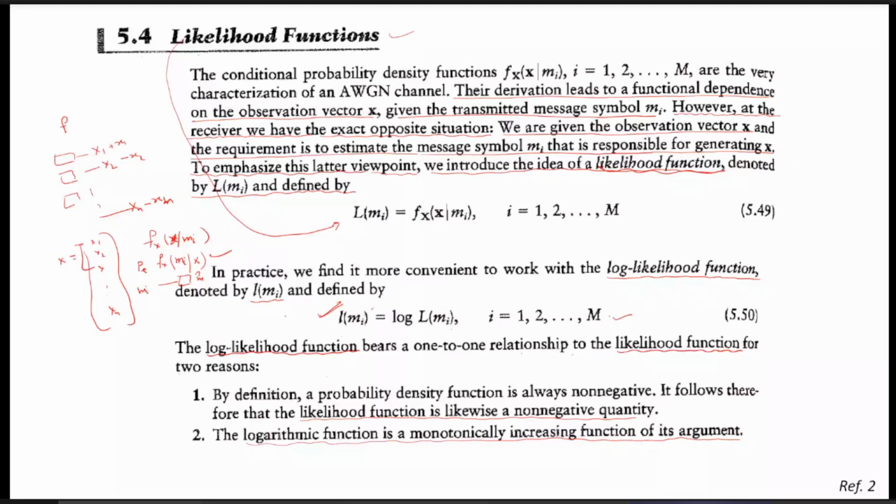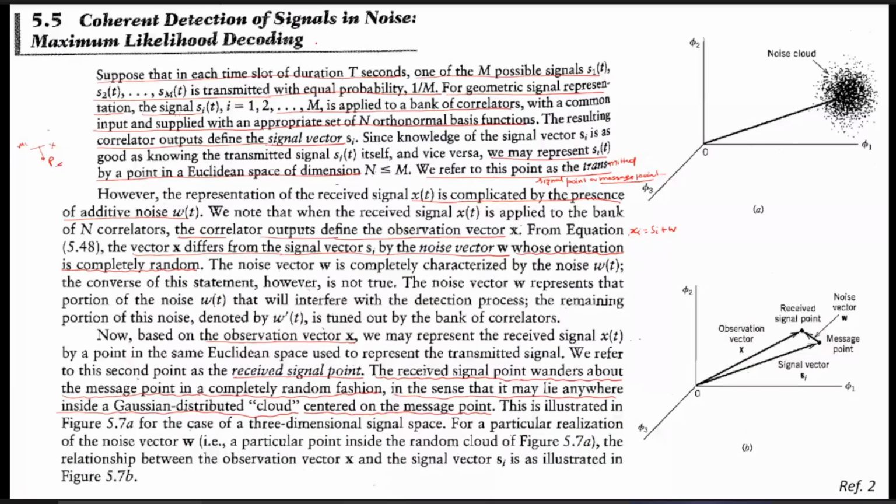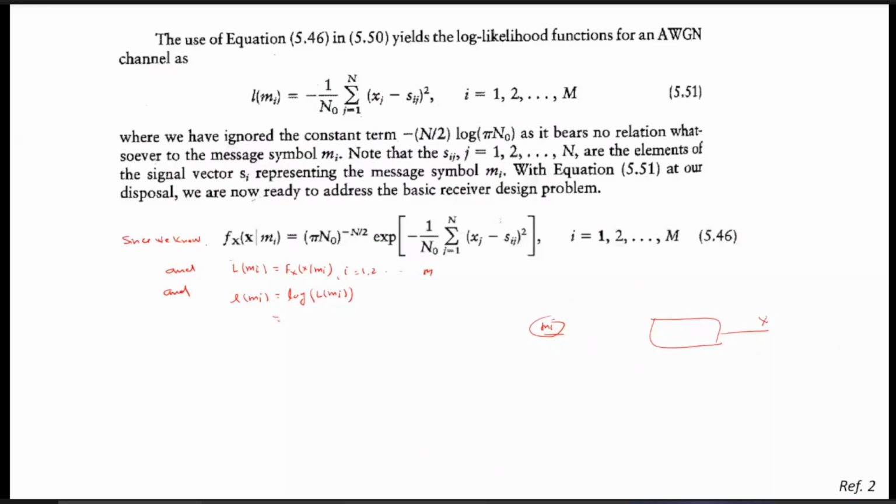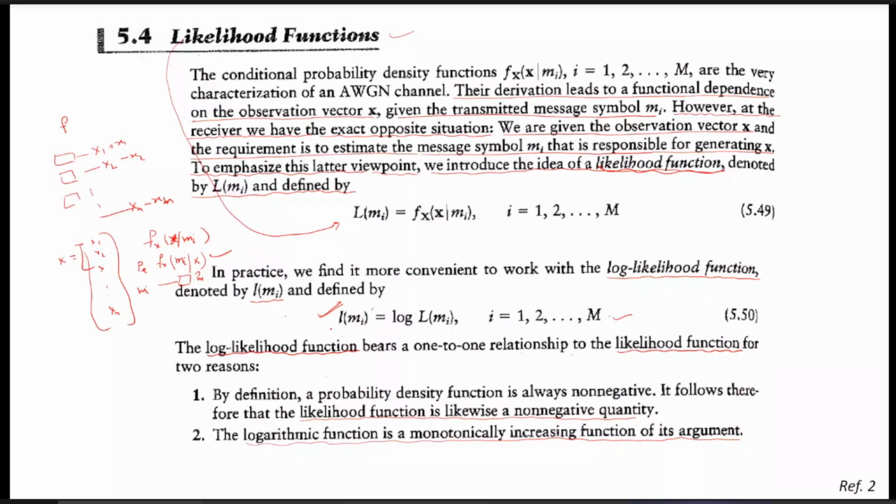So in place of defining the likelihood function by f_x(x given mi), we more commonly use the log likelihood function, that is, log of L(mi), which is small l(mi). In the next topic, the maximum likelihood detection techniques, we are just trying to maximize this l(mi) for the given observations vector x to get the minimum probability of error.